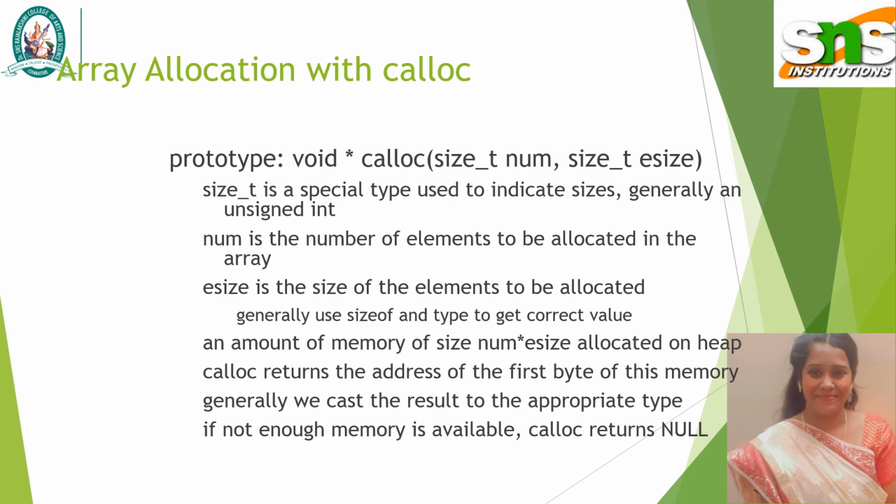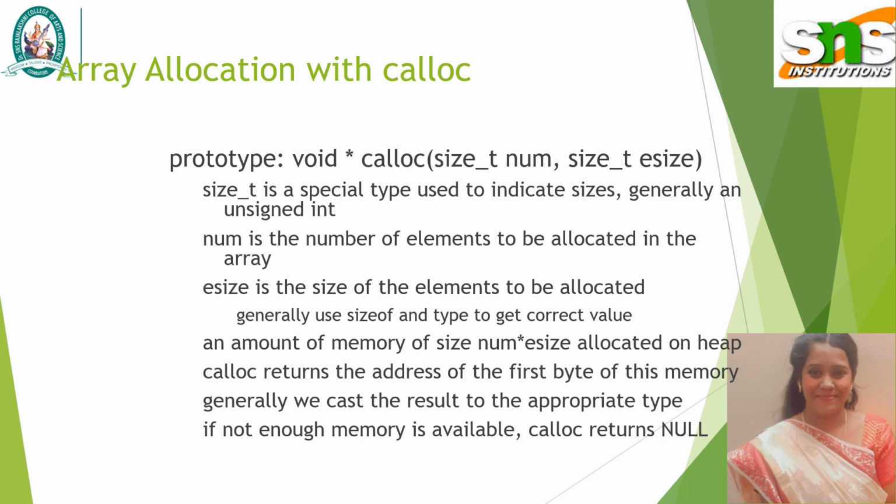And the first byte of the memory can also result in the appropriate type, and it is also available in C programming language with a returned value. Calloc is also a function in the standard library, which means contiguous allocation, and it is dynamically used to allocate a particular array of elements.